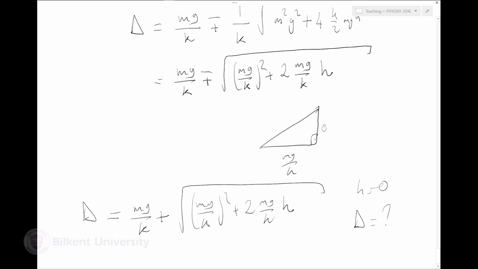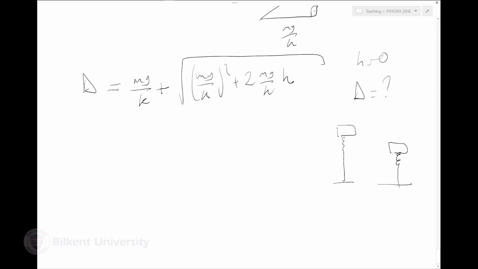It will actually get some compression due to the weight of this object, right? So mg times delta would be 1/2 k delta squared. So delta would be 2 mg divided by k. Do I get that result here if h is 0? Yes, I do get that same result.